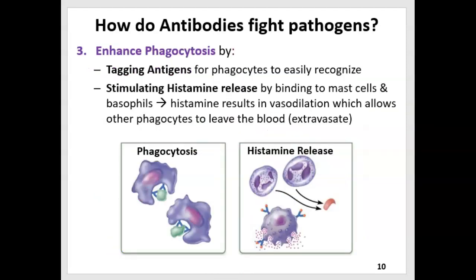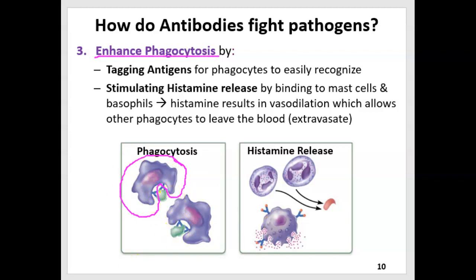Okay, the third way that antibodies help us fight pathogens is to enhance phagocytosis by other leukocytes, other phagocytes. What antibodies do is tag antigens for phagocytes to easily recognize. So in the picture on the left, the antibodies happen to be membrane bound. But that isn't how it started.